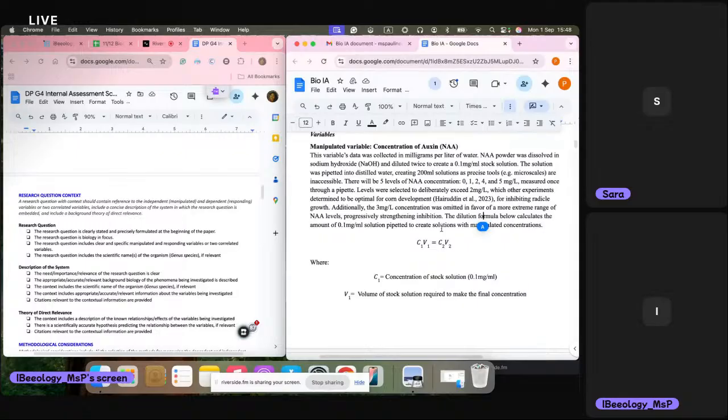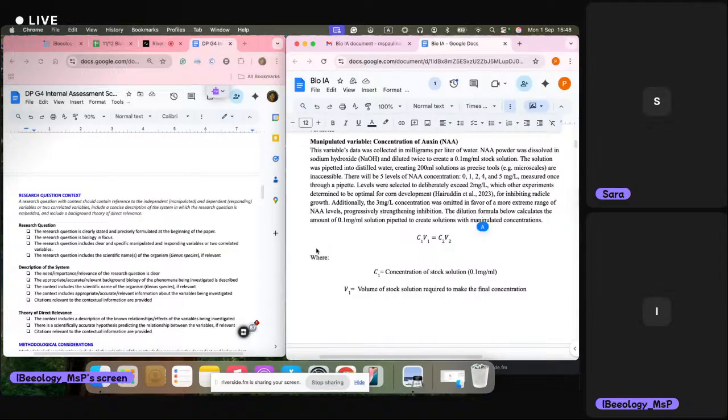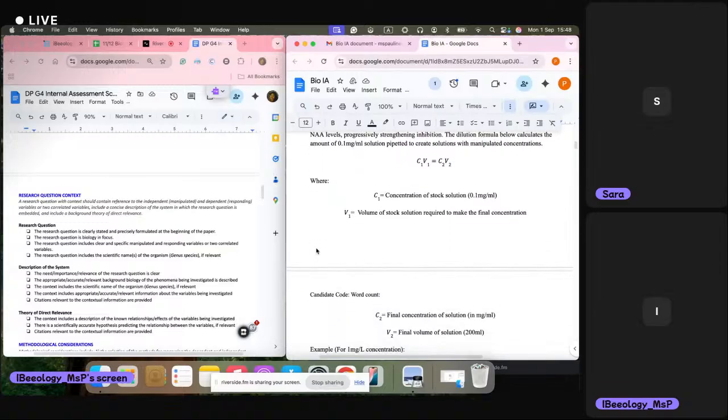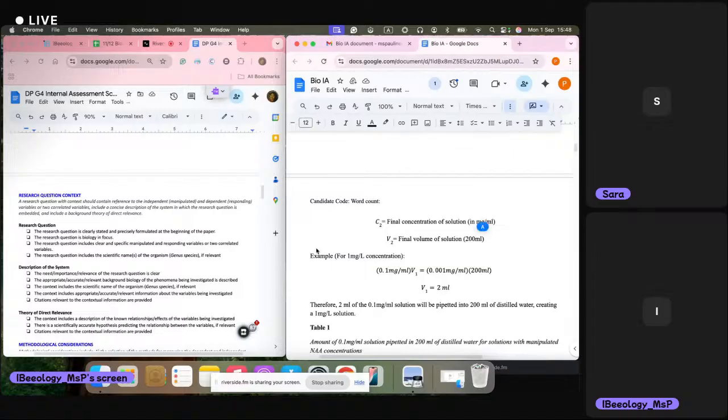Like, how did we go from telling us the manipulated variable of auxin, and then we went on creating this dilution? Was it like the dilution formula below calculates the amount? I get that this is the formula. I'm just getting lost.